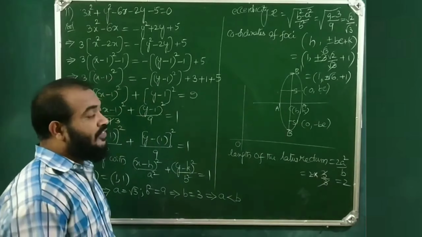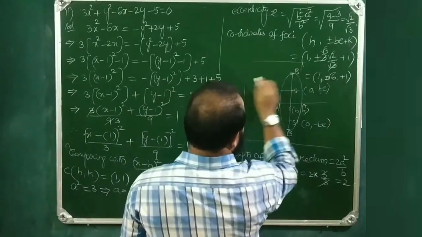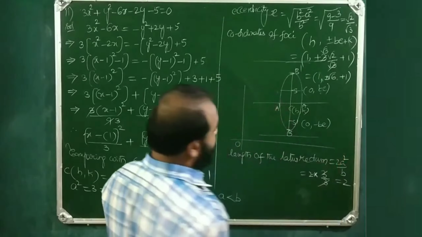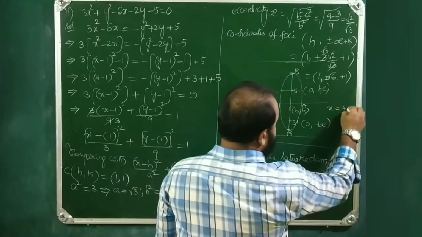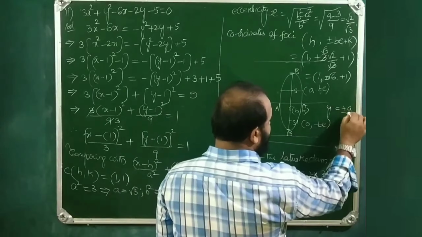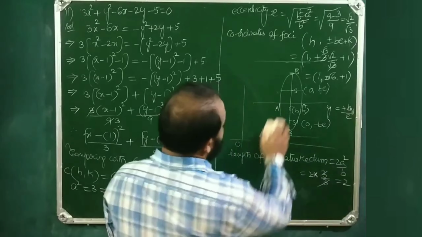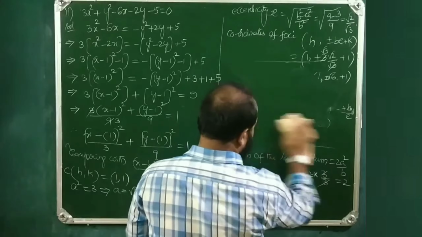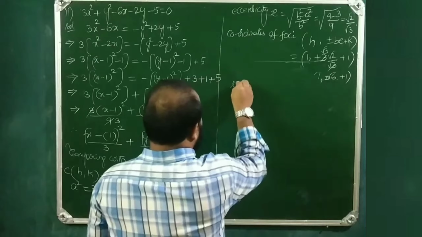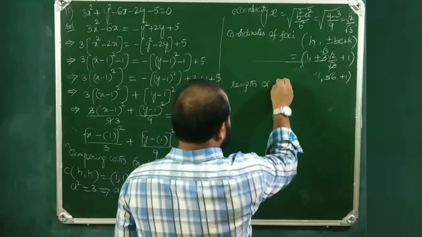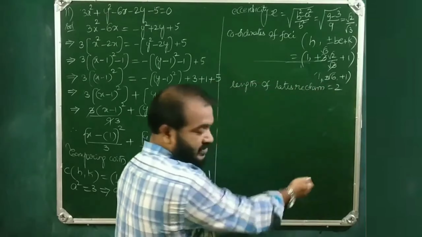And the equation of the directrices. Directrices in the sense, for this is the directrix, and for this is the directrix. In the last problem, that is x equals plus or minus a by e. But here this is y equals plus or minus b by e, plus additionally k would be added. So let us do that. The length of the latus rectum is 2, as we have just seen here.